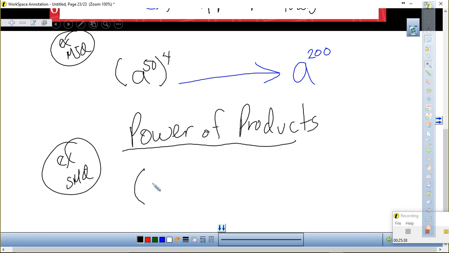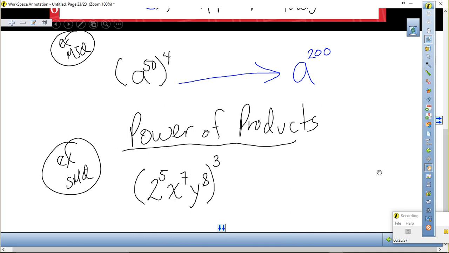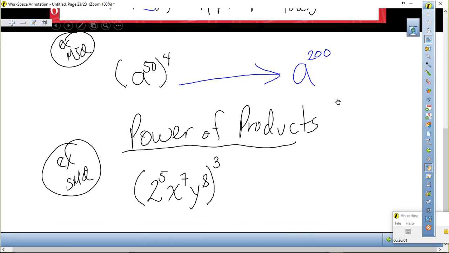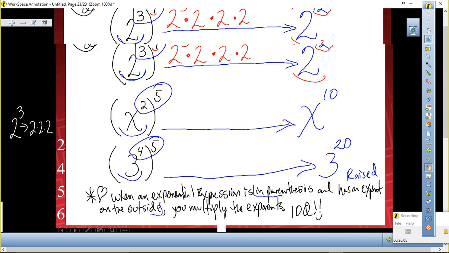Parentheses, 2 to the 5th, x to the 7th, y to the 8th, close parentheses, to the 3rd power. So now before we use the rule for this one, what do you notice is different from power of products than power of powers?